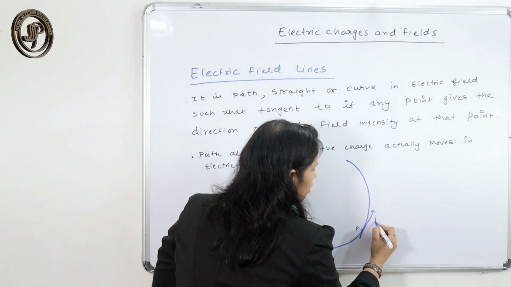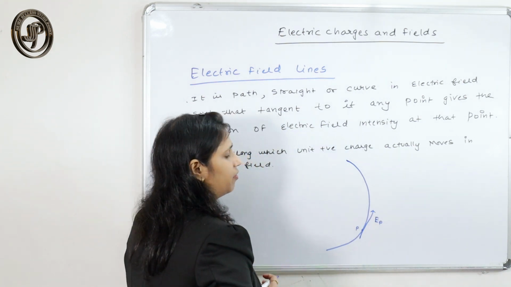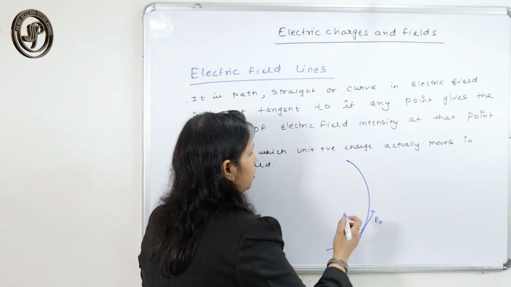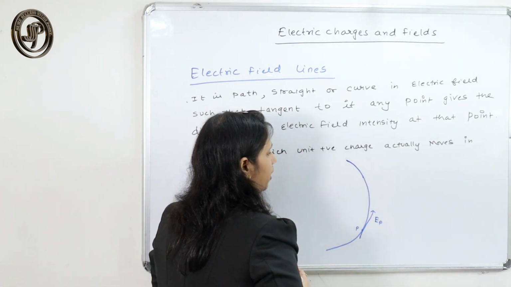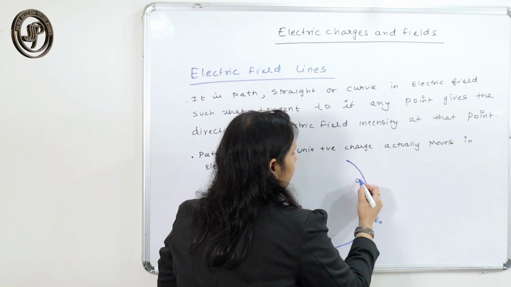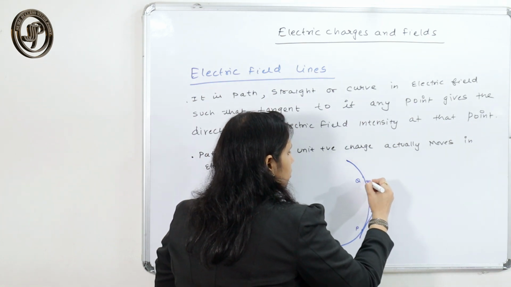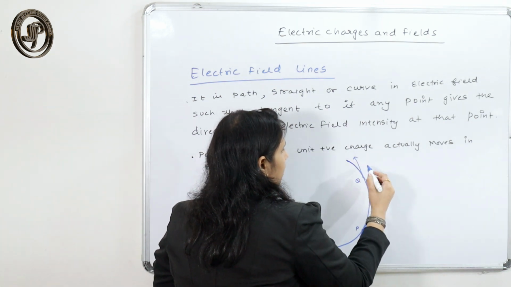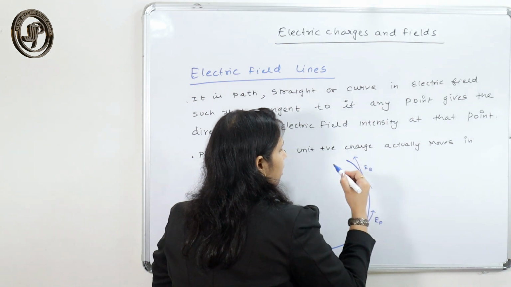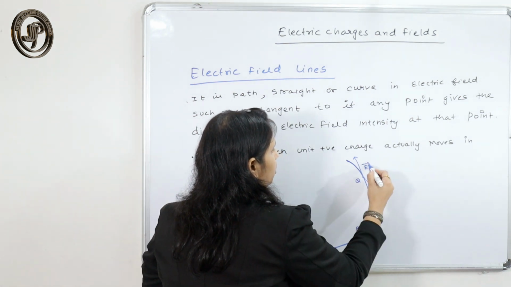That tangent gives me the direction of electric field at point P. Similarly, at a point Q, I draw the tangent, and that gives me the direction of electric field at that point Q.